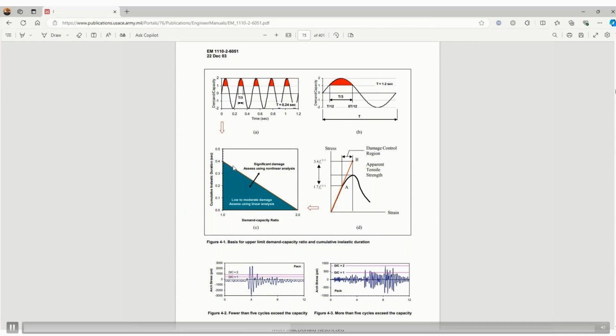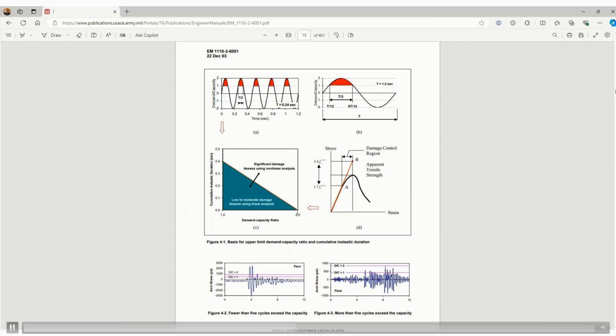For example, a cumulative duration of 0.4 seconds at DCR 1 indicates the total duration of stress exertions above the tensile strength of the concrete. So that means up to 0.4 seconds in the entire time history we have analyzed, that particular node has exceeded the DCR of 1.